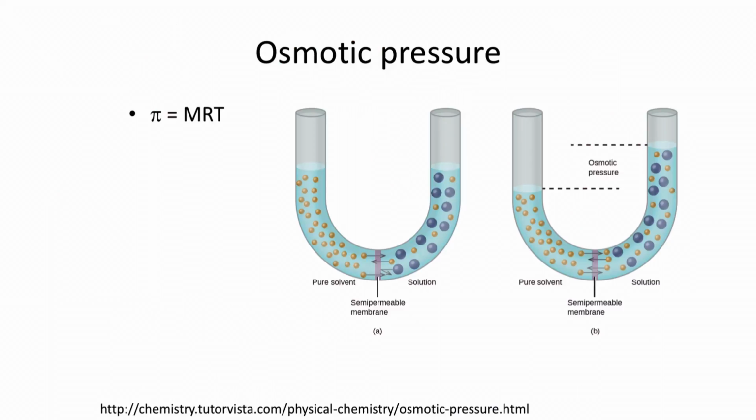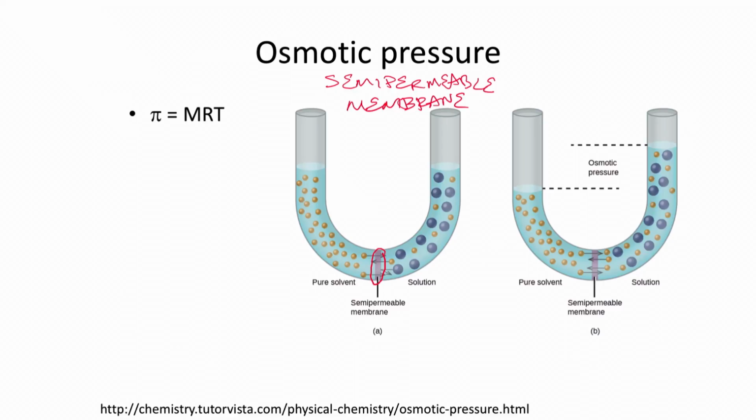The last example I want to show you is osmotic pressure. Here's how osmotic pressure works. Let's pretend you have a semipermeable membrane that separates two sides of something. The semipermeable membrane is right there.